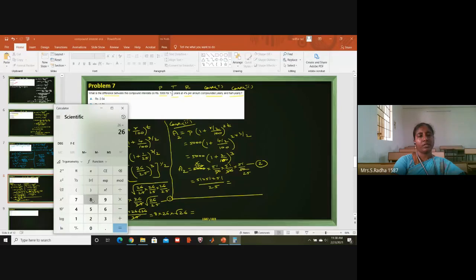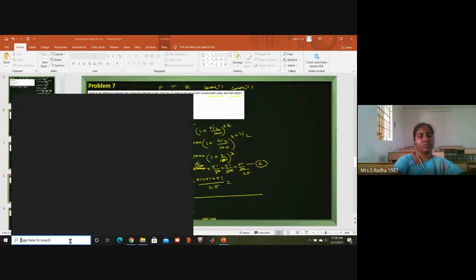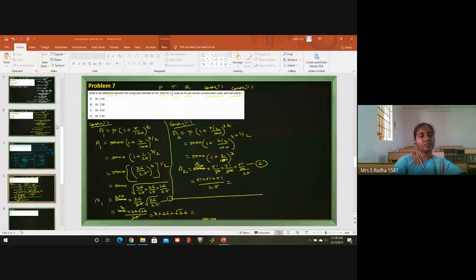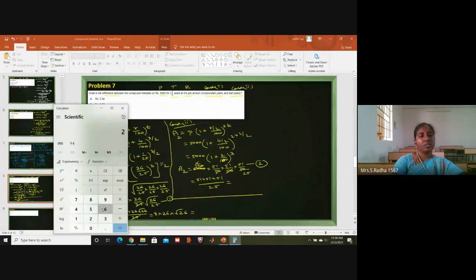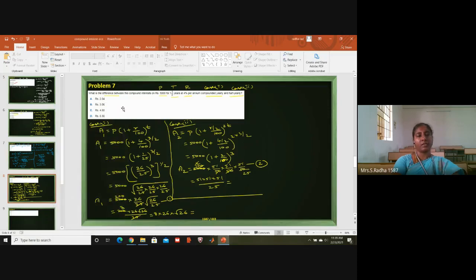26 into 8, then I have root 26. So I will go like this: the square root of 26 value is 5.09, into this answer into 26, into 8. This is the final value in case 1: 1060.59.